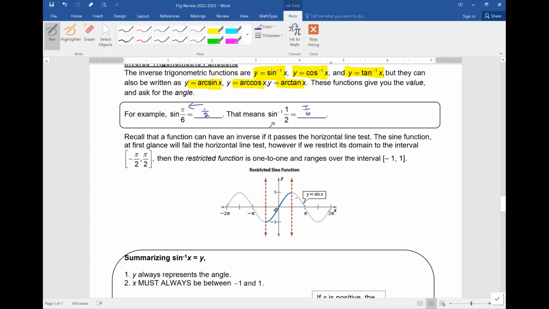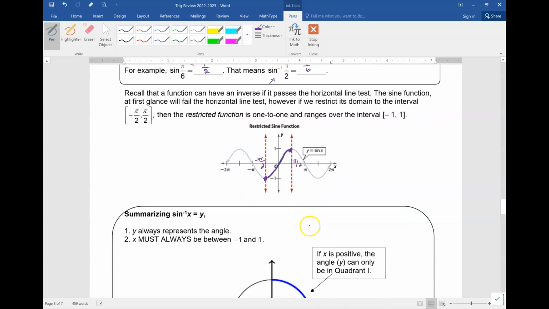So what we do is we restrict the domain of the sine, and we only take one itty-bitty portion so that it does pass the horizontal line test. The portion that we restrict it to is from negative pi over 2 to pi over 2.